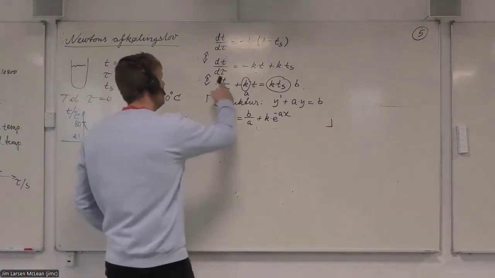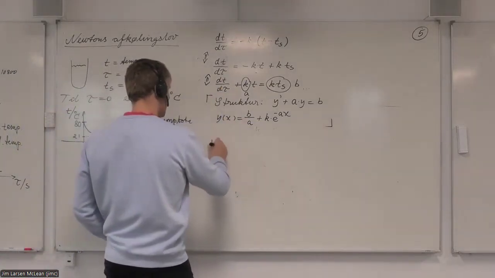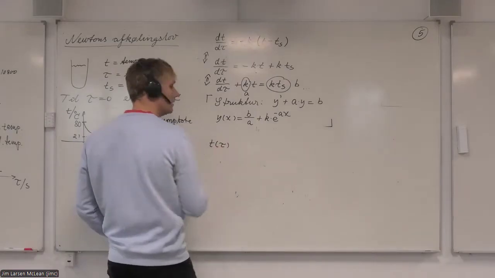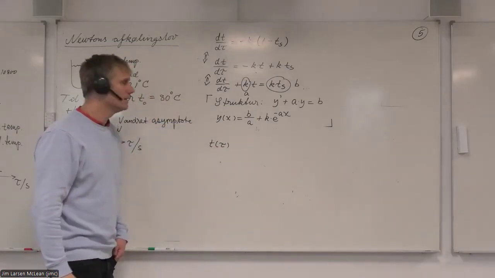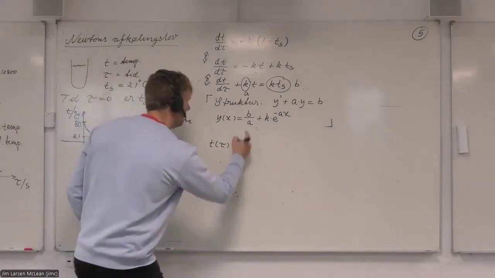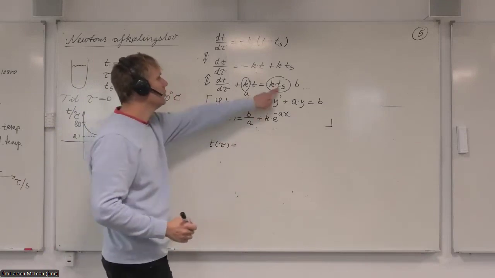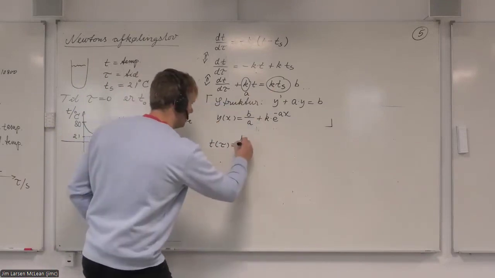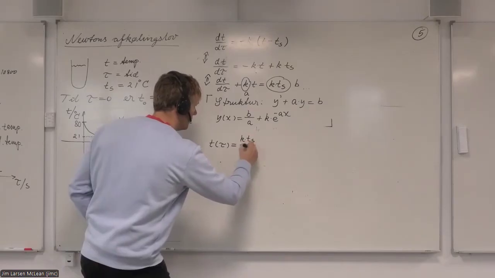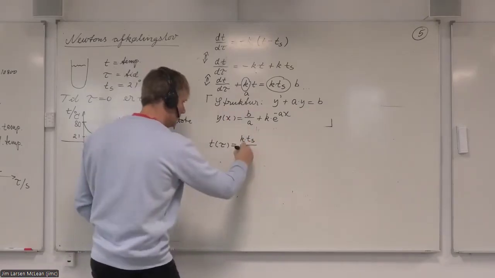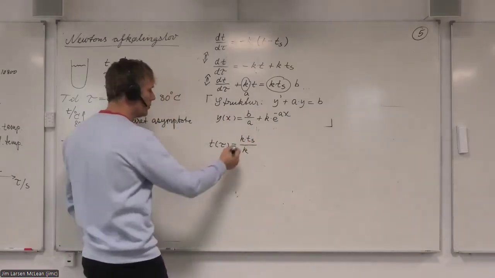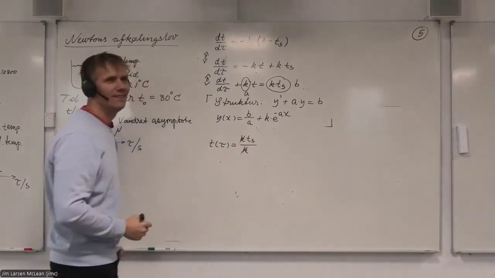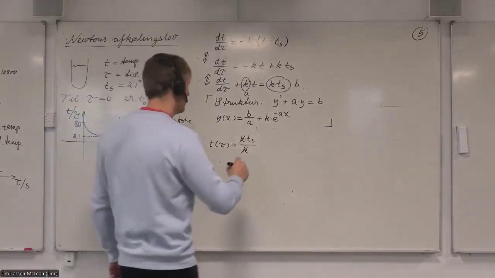So what will be the temperature of the coffee? The function of time, measured in seconds. It will be B over A, but what was B? It was K times T of the room. And it must be divided by A, which is K. That was nice. So K cancels out. Plus some constant.